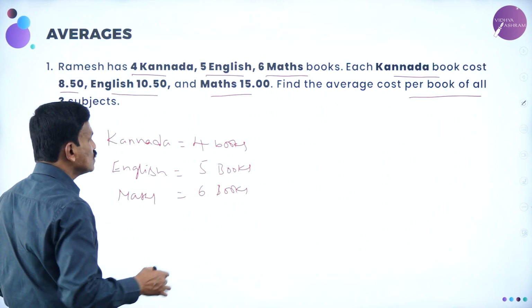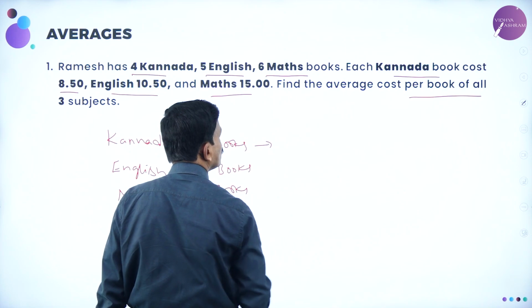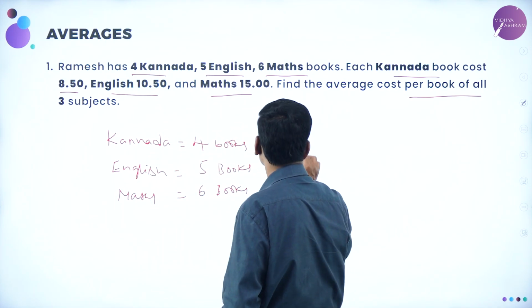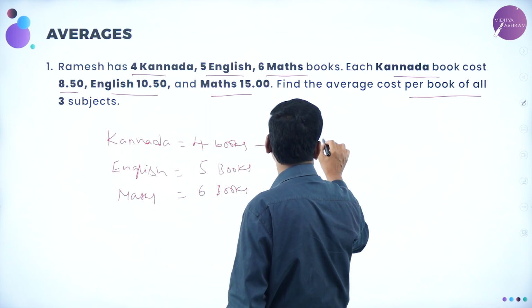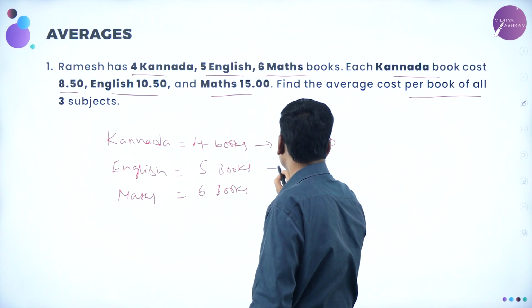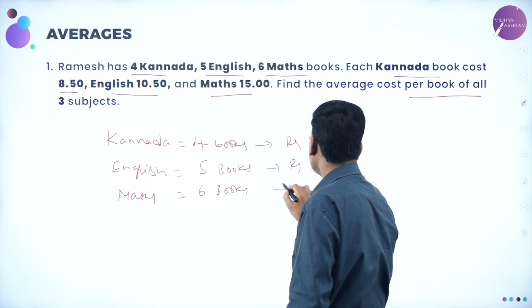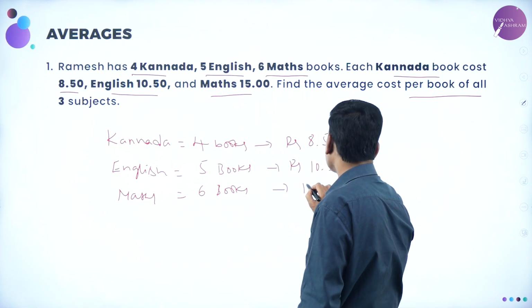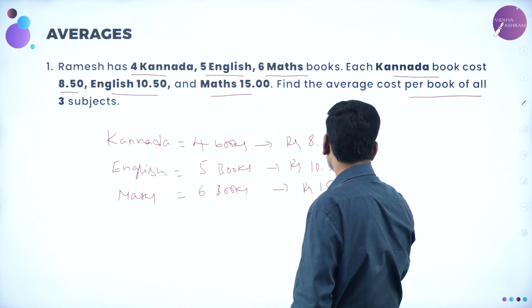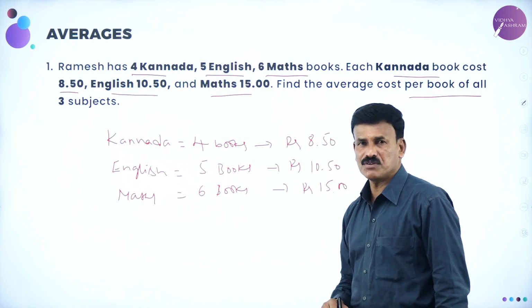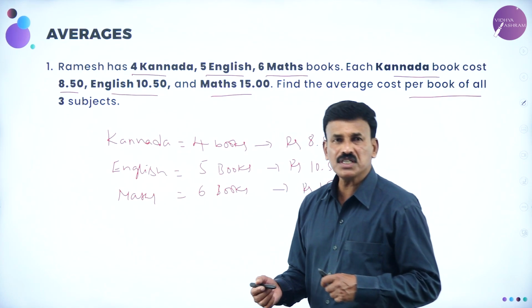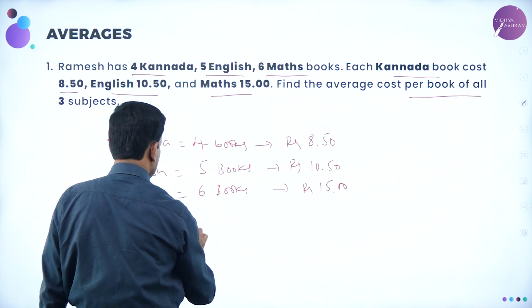So, what is the cost of each Kannada book? The cost of each Kannada book is rupees 850. Then the cost of an English book is rupees 1050. Then similarly, the cost of a mathematics book is rupees 15. So, these are the quantities given, right? Now, therefore, the average cost of the book, what is the average cost?